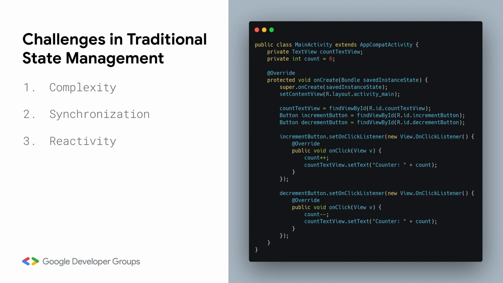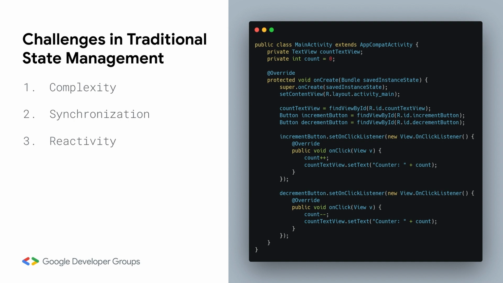Like for the increment button and the decrement button, and even for the text view, we have to go ahead and get those from the XML layouts. And even if you use data binding and Kotlin and all that, you still gotta reference it via XML.